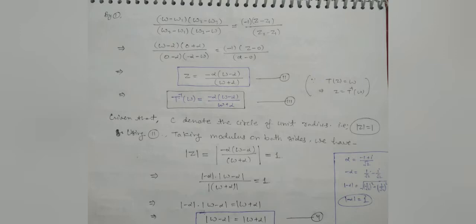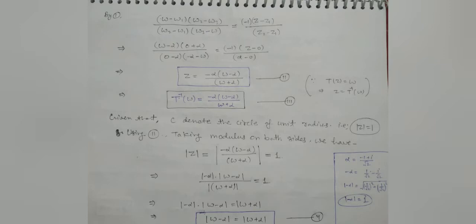Hence we have (W minus W1) into (W2 minus W3) upon (W2 minus W1) into (W3 minus W) is equal to minus 1 into (Z minus Z1) upon (Z2 minus Z1). Putting all values, we have Z is equal to alpha into (W minus alpha) upon (W plus alpha), which implies that T inverse of W is equal to minus alpha (W minus alpha) upon (W plus alpha).